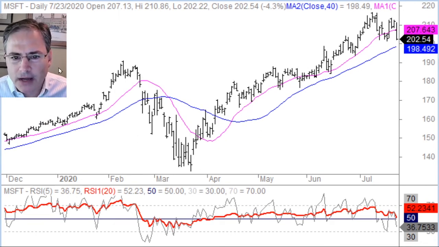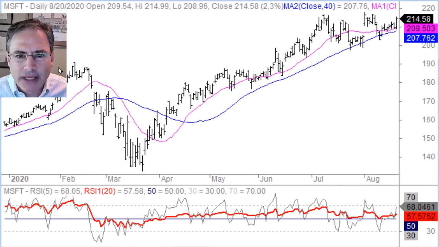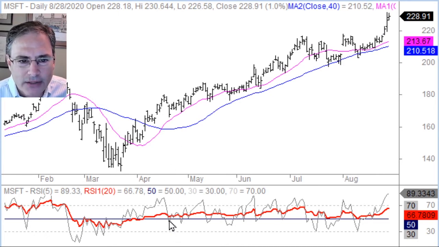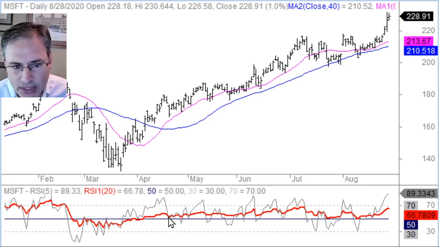Microsoft actually gave a number of signals. It had the same reversal pattern where RSI 20 got above and RSI 5 pulled back, but the RSI 20 held 50, and it held 50 all throughout, and it really hasn't broken this whole time.